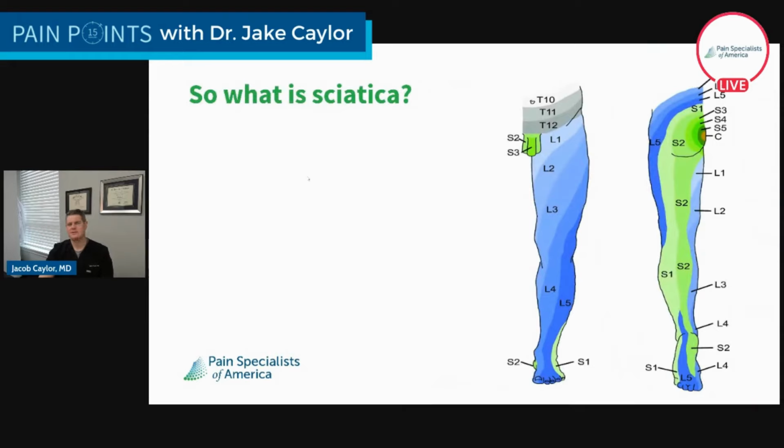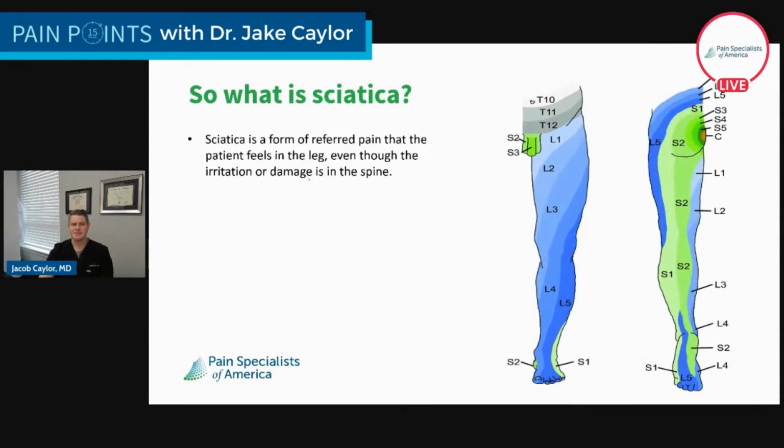So what is sciatica? Sciatica is a form of referred pain that the patient feels in the leg, even though the irritation or damage is somewhere else. Sciatica can be entrapment of the sciatic nerve, or it can be nerve root irritation from a disc pushing on one of those nerve roots and pinching it.